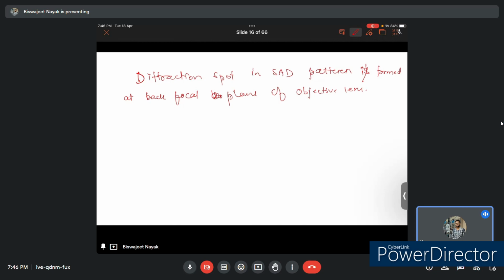So when we are working at an image plane, we do not need to focus the condenser lens. We generally weaken this lens to give more parallel illumination, so that all rays are focused at the same plane, that is the back focal plane, and the spot in the diffraction pattern becomes sharper.